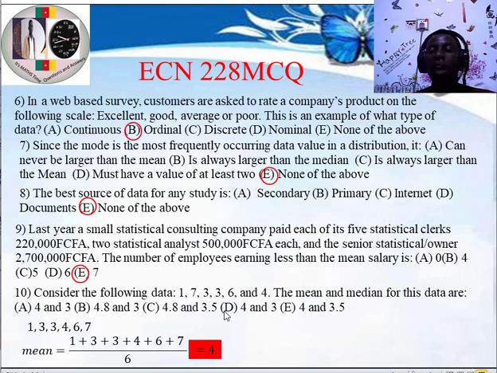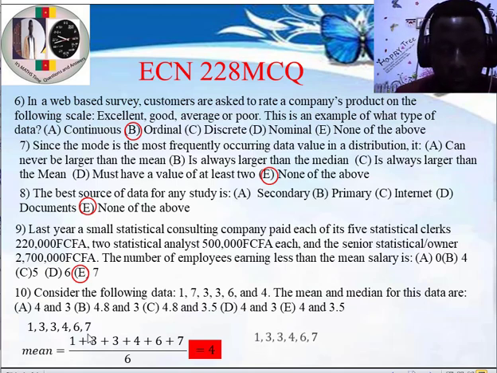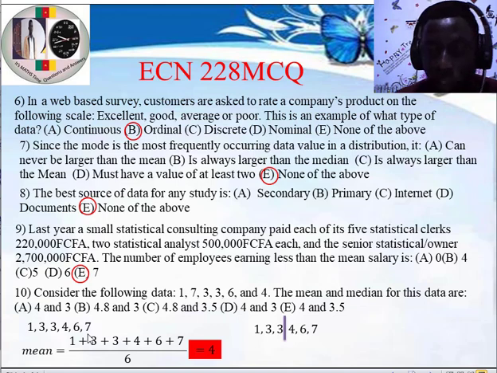Now when we are talking about the median, which is the middle number, we need to divide the data into 2 parts. If we look at that data, we see that the data is even. So if it's even, then 2 numbers will fall in the middle. So we sum the 2 numbers and divide by 2. So when we look here, the median will fall between 3 and 4, so that the same number of numbers are on the right and on the left.